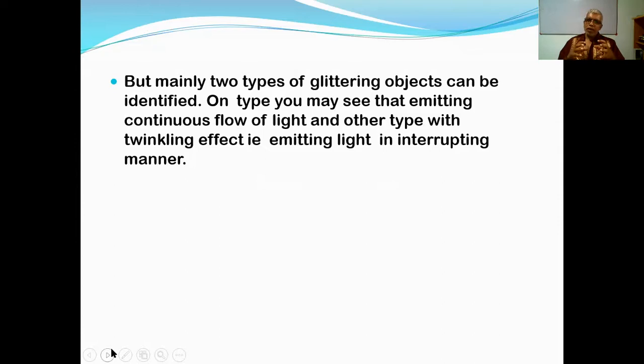Then planets also glitter. You know, we see the moon. The moon is also rocky. These rocky planets or gas balls, when the light of other stars falls on them, they reflect it back. That is how the moon is seen. The moonlight can be seen on the earth, especially on full moon days.